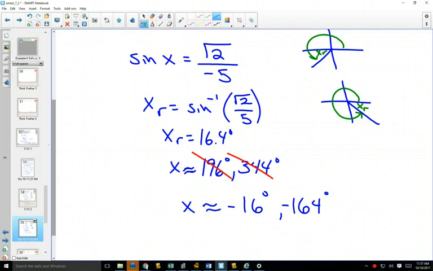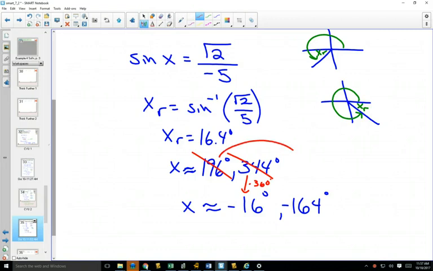So we had our two answers between 0 and 360, but then we had to relook at the domain and find out what would be coterminal with those ones to make it work. Another way that you could get them to be coterminal is if you had figured out 344. Can you see that if you subtracted 360 degrees off of 344, you get minus 16?